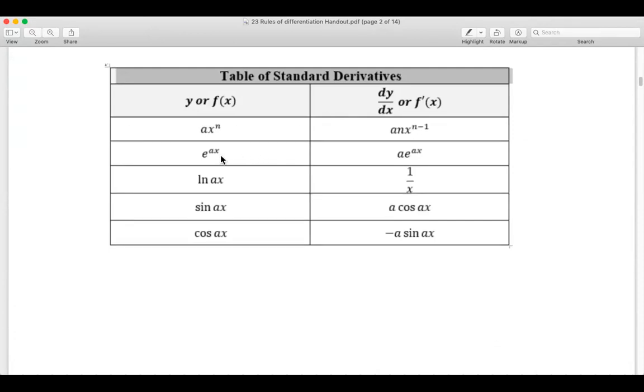If we've got e to the ax, we bring the a outside, and it multiplies. That's why e to the x is a special function, because the derivative of e to the x is e to the x. And then you've got the log in there as well. So have a go at those ones, and I'll have another try at getting the correct file across.